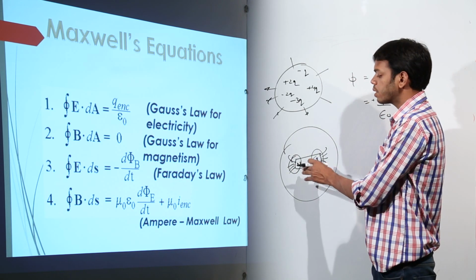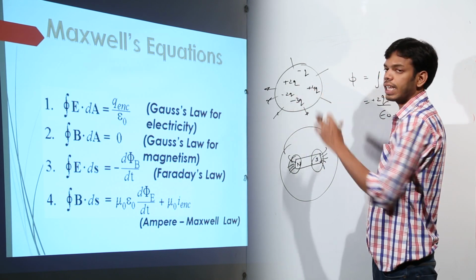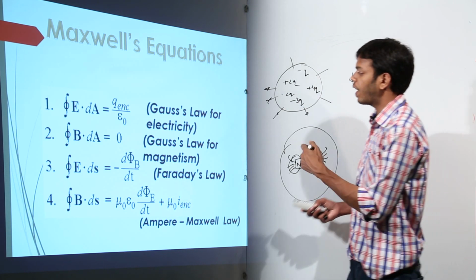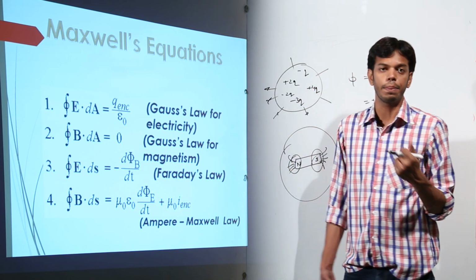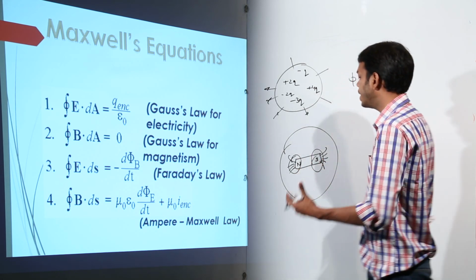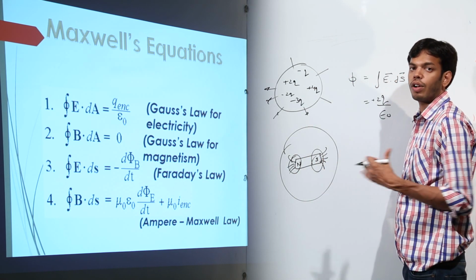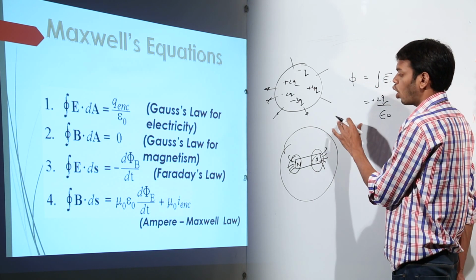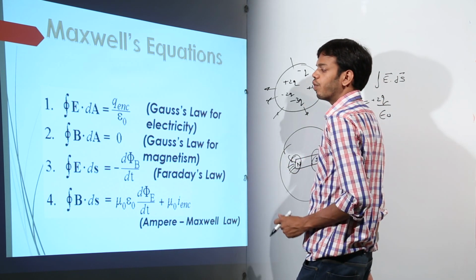Since monopoles don't exist, same as in the case of the Gauss theorem for a dipole, net flux would be equal to 0 because the net charge inside is 0. Similarly, net pole strength inside a magnet is 0. That is why Gauss theorem for magnetic field would be 0.